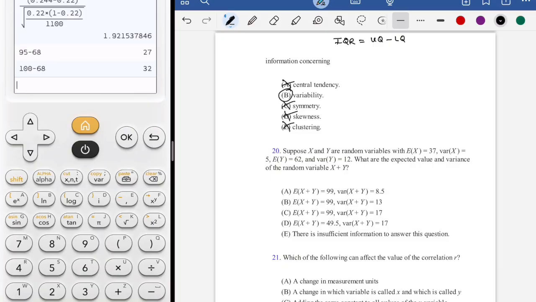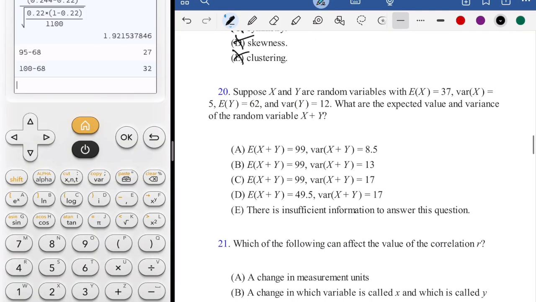What's the expected value and variance of the random variable X plus Y? Well, let's see. If you add two means together, the result is the sum of those two means. So I can add these two. That's going to get me a 99. That's there. Okay, so no help there.